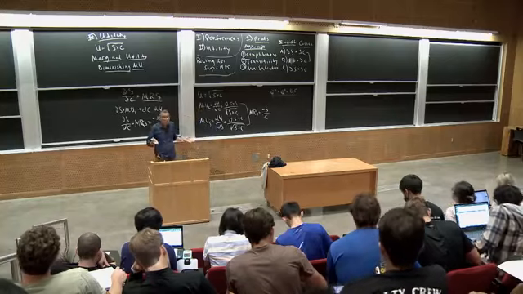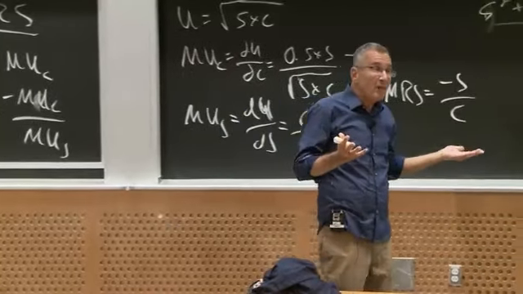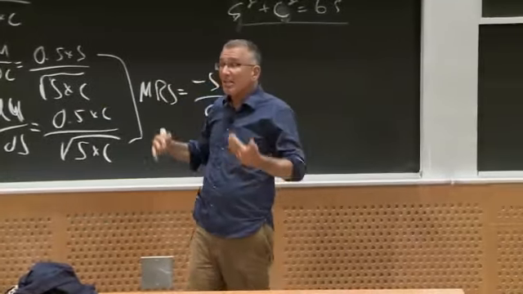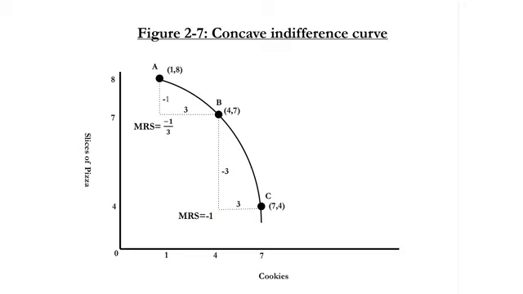Once again, you can't tell me that utility function is wrong. People have different preferences. But it doesn't satisfy what we would think is a common sense principle. When you have 8 slices of pizza and 1 cookie, you would give up only 1/8 of a slice of pizza to get a cookie.